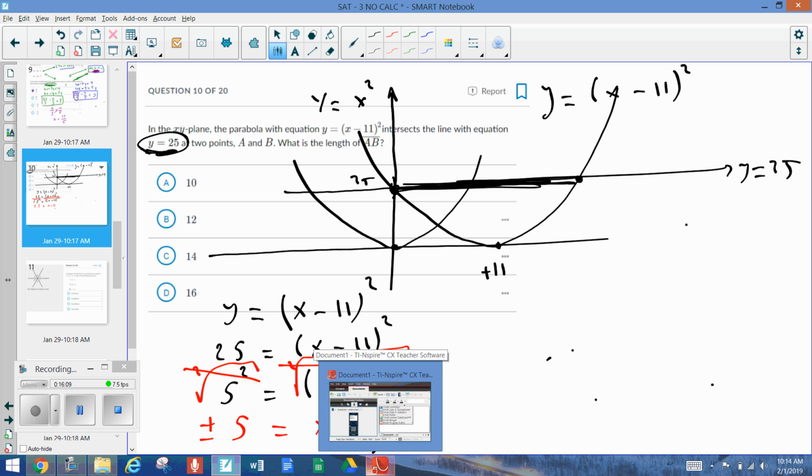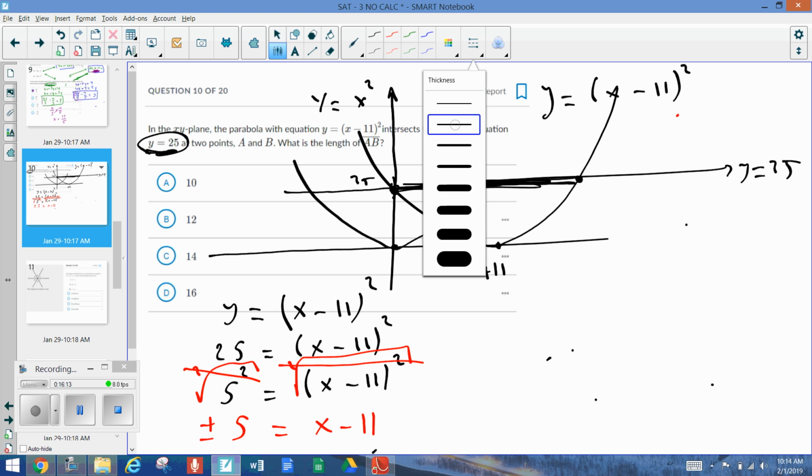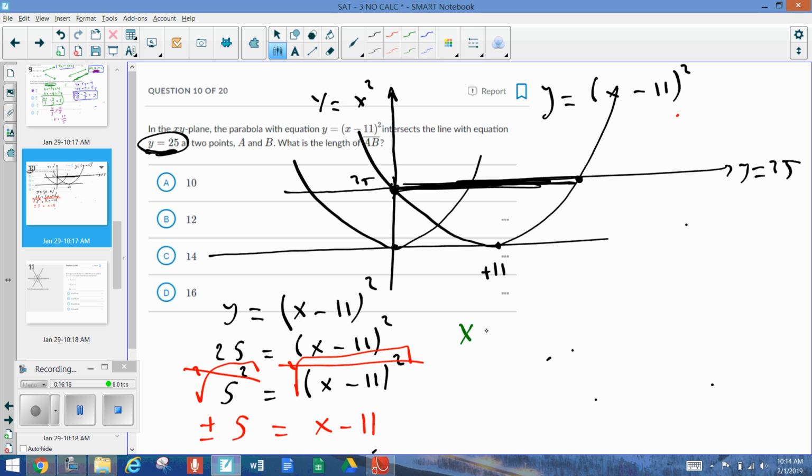And we will solve that twice. The first: x minus 11 is equal to positive 5, and x minus 11 is equal to negative 5.